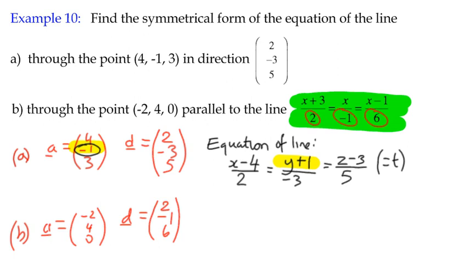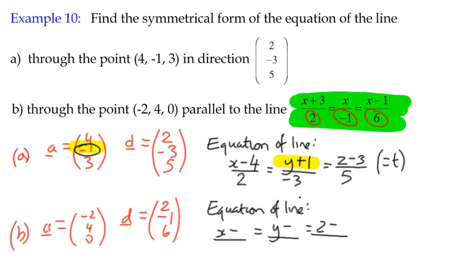So just like we did before, we can already construct the template. The equation of the line, x minus something, y minus something, z minus something equals t. So what do we need? We need a point on the numerator with the x, y, and z.